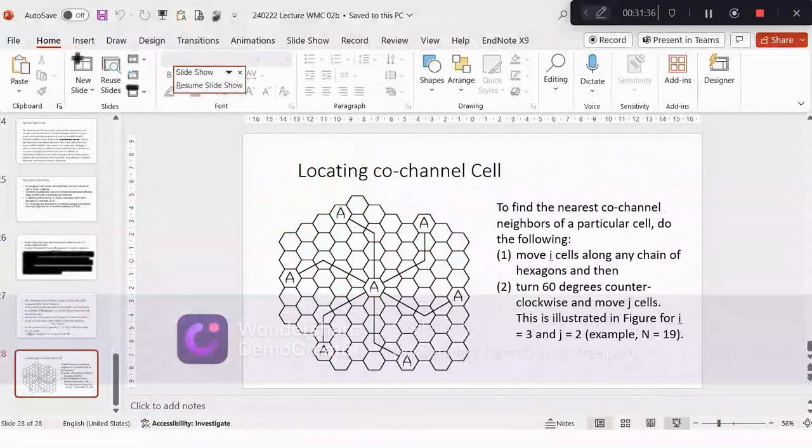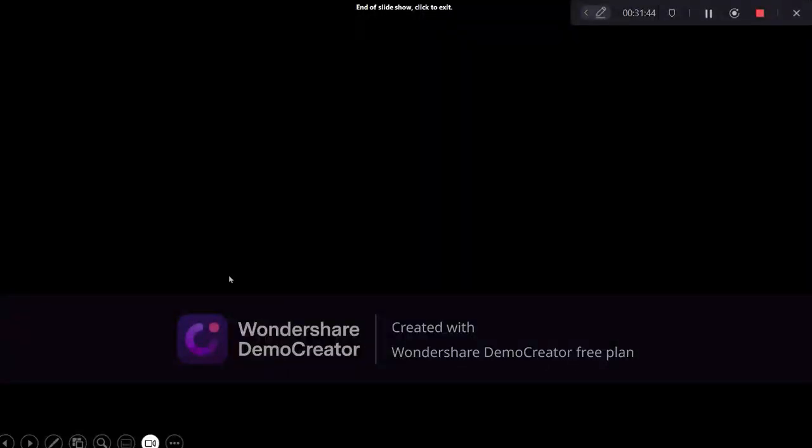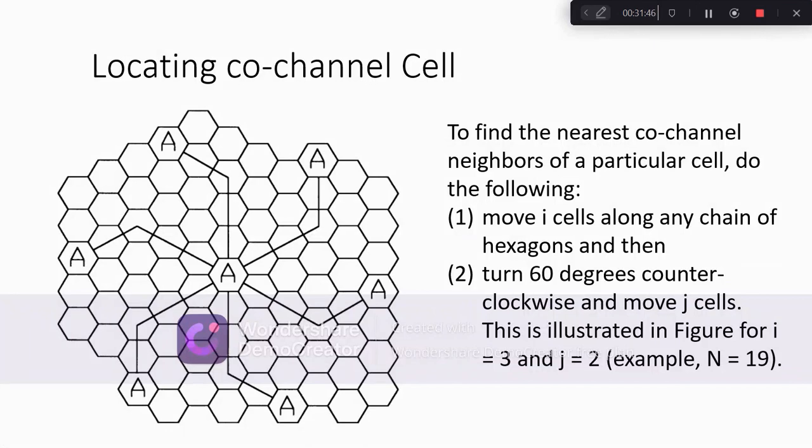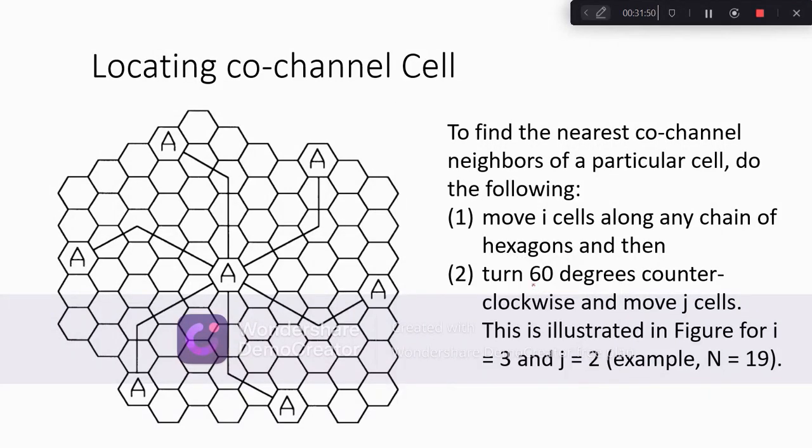I repeat, from this point, from A, capital D is the distance from here till here. And what is the interference? I naught is the sum of all the interfering signals from this cell, this base station, this one, and this one.